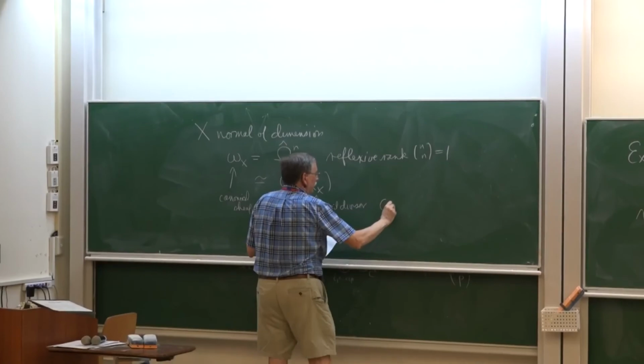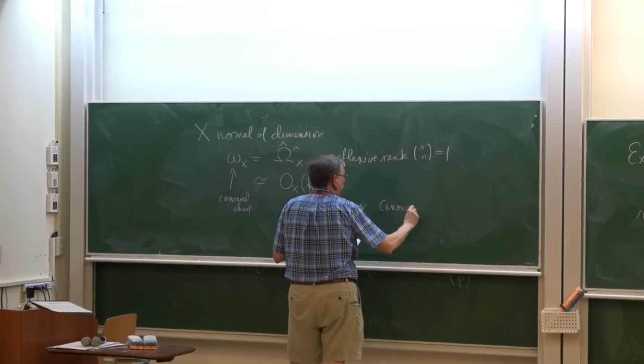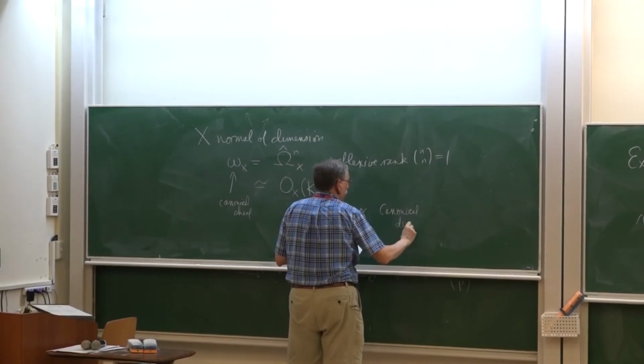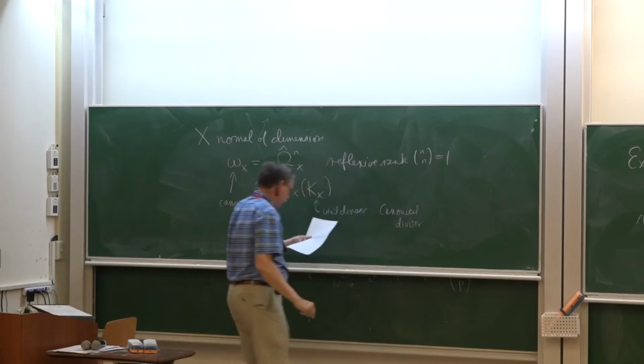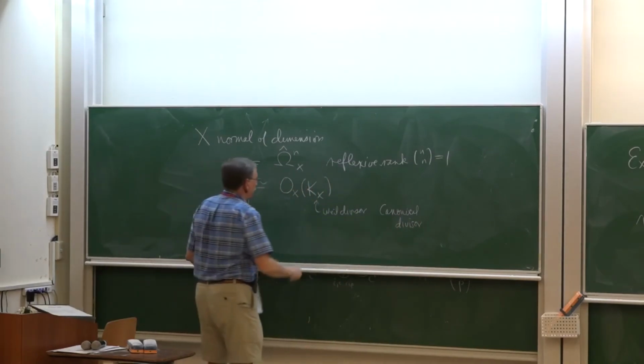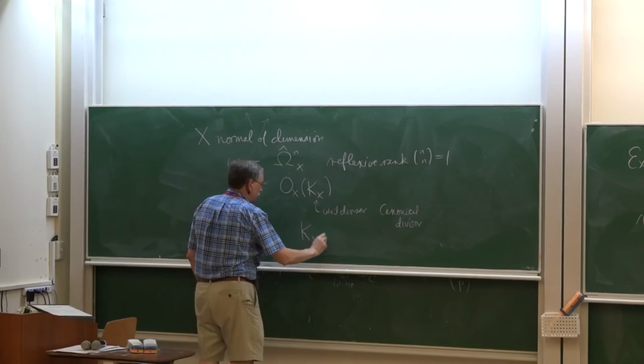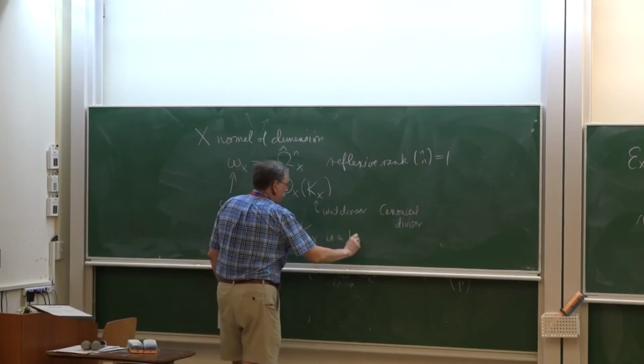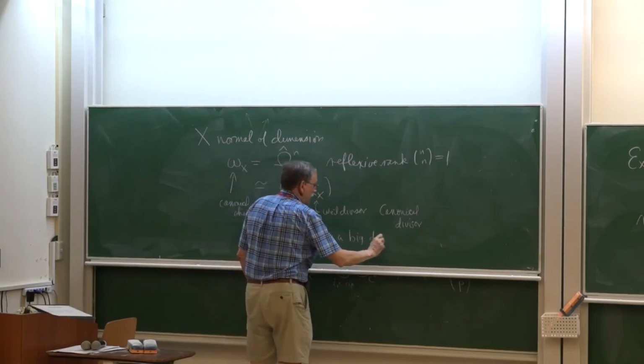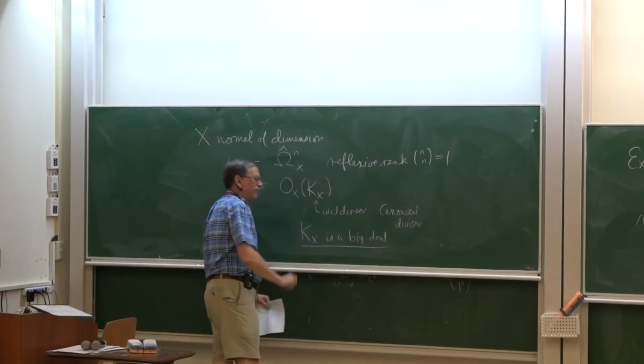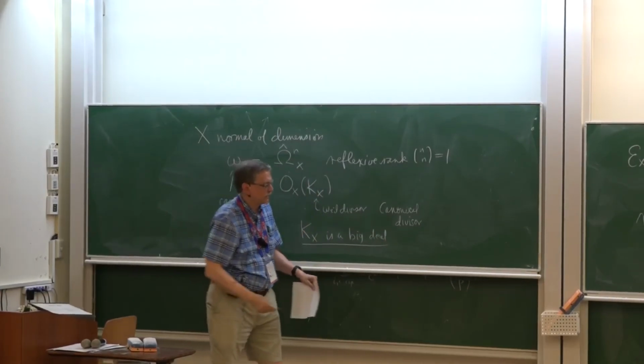That's the canonical divisor. And basically, K_X is a big deal, not just in toric geometry, but in general.